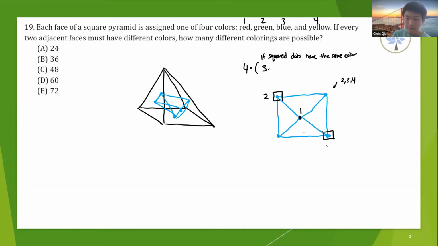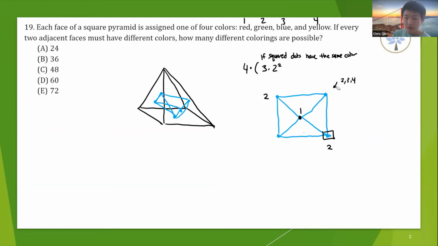Let's say it's 2. And then for each of the 2 remaining dots, there's only going to be 2 choices for what color we use, because each of these 2 dots get to choose from colors 3 or 4. So 2 squared. So if these 2 dots have the same color, this is how many possible colorings there are.